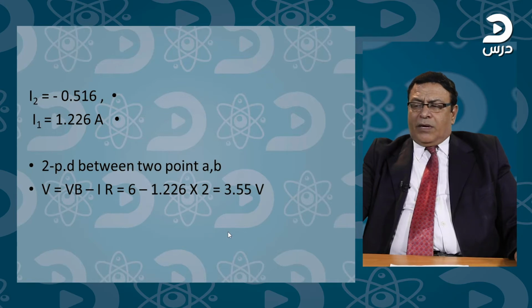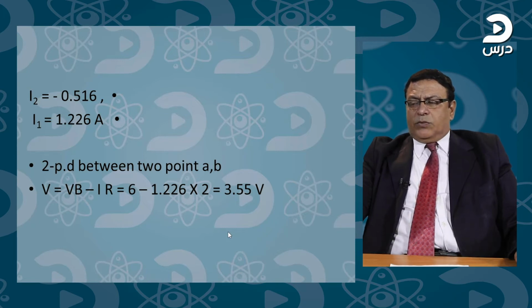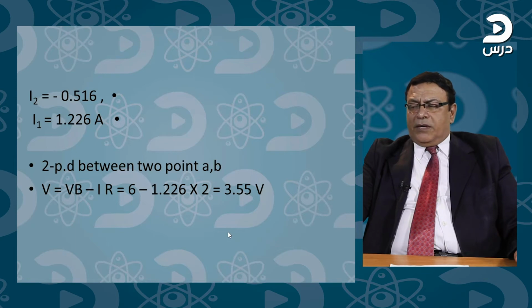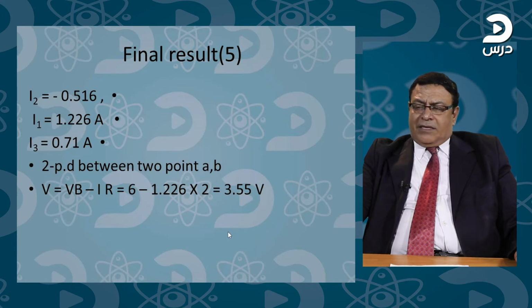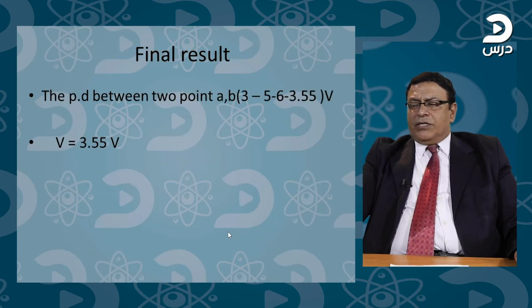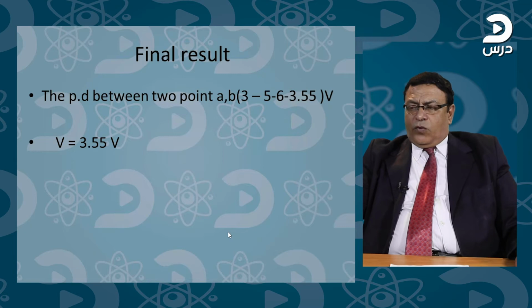So I2 equal negative 0.516 ampere and I1 1.226 ampere, and the potential difference between 2 points A and B, V equal VB minus IR equal 6 minus 1.226 multiplied to the final result 3 فولت، وده الفاينل ريزلت. طبعا الاي 3 كانت ب 0.71 امبير. يبقى the potential difference between 2 points A and B الفاينل ريزلت 3.55 فولت.